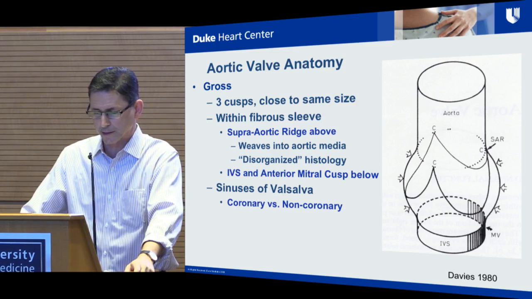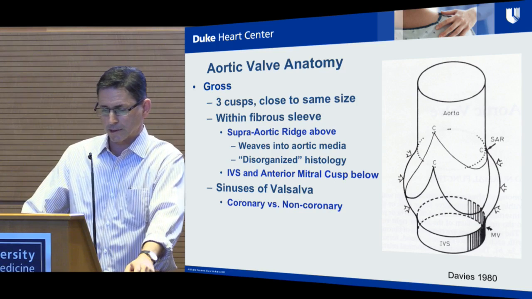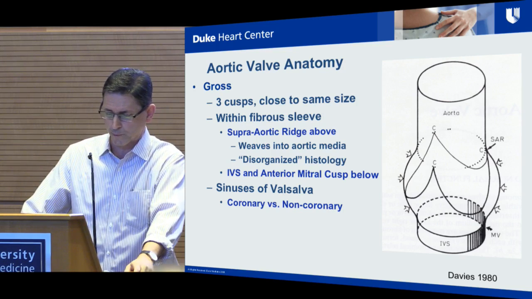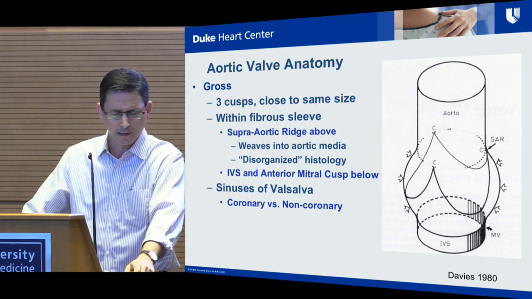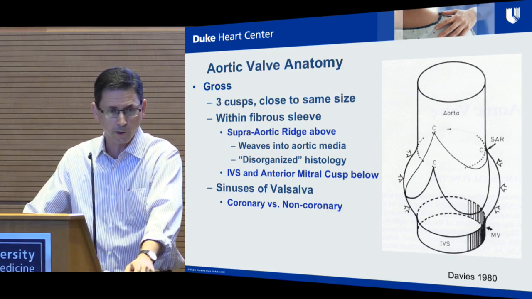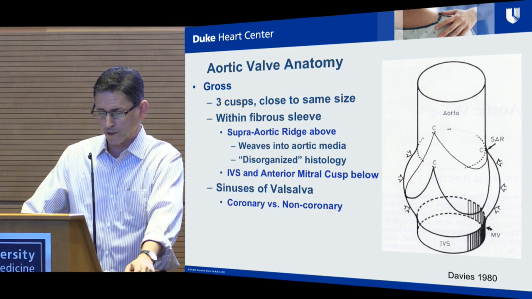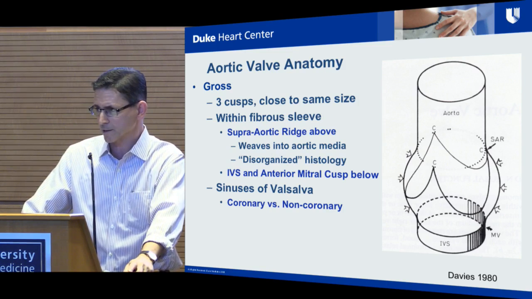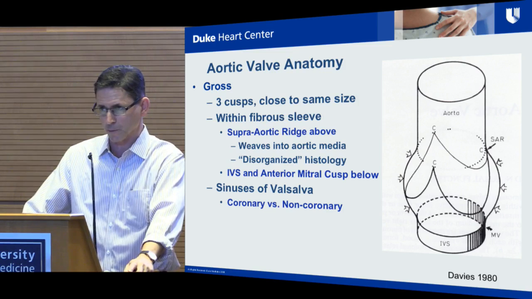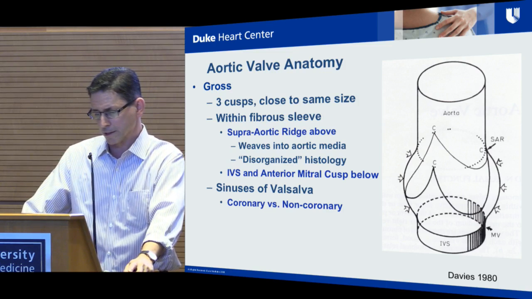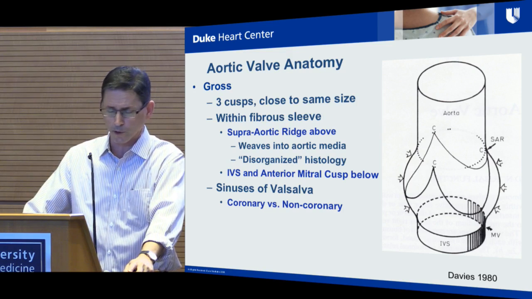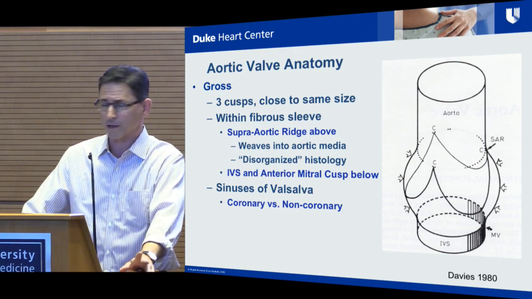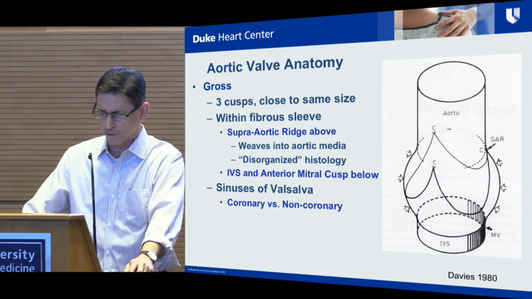It's suspended within this fibrous sleeve that basically links the aortic root to the ascending aorta. It's kind of woven into the two and has somewhat of a different histology, so it does react differently if you place something in it compared to, say, endovascular repairs of aneurysms or coronary stents, although a lot of the concepts do overlap.